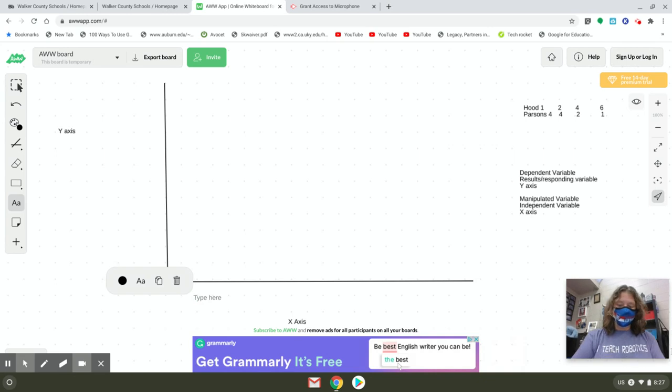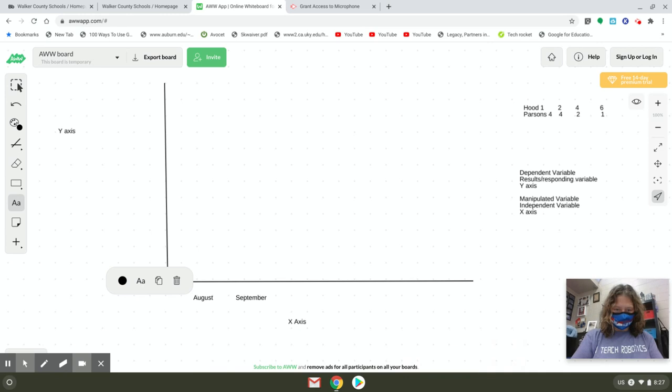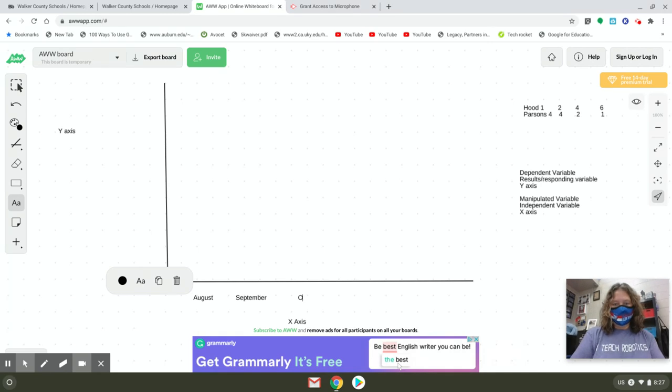So we have August with an A, not an S. September. October and November. You must label your axes. So this is months of the school year.